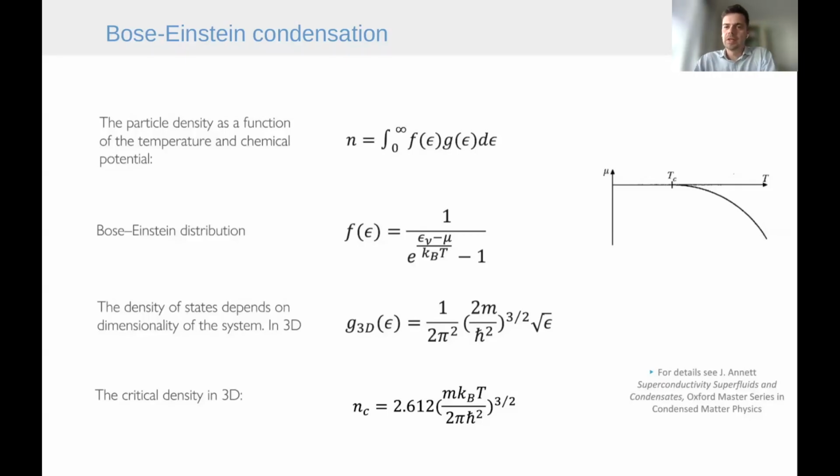And even as we go to the limit of infinite size of the system, we will always have this one selected state, which is the ground state. And this formula actually corresponds to the occupation of particles which are above the ground state, so it corresponds to excited states. So the only possibility to have more particles than the critical density is to have some additional particles in the ground state. And this is exactly what happens.